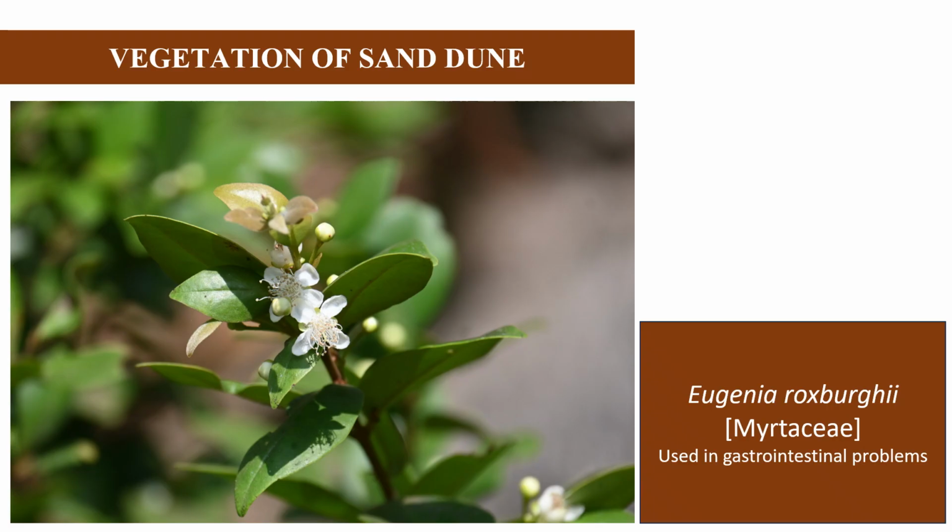And rather than planting any plant, we have to consider what plants are suitable for a particular vegetation, a particular habitat. So this plant is very important when it comes to plantation in the sand dune area, and again it is a native plant, so that's why we can make strong patches of such plants in these areas to protect from different natural calamities.